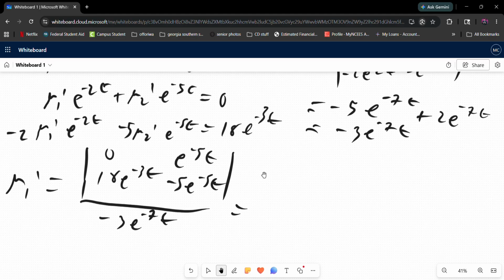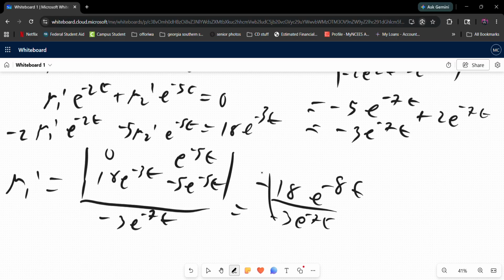Alright, so we end up with negative 18 e to the negative 8t over negative 3 e to the negative 7t. Okay, so these negative signs cancel. 18 divided by 3 is 6, so we end up with 6 e to the negative t.